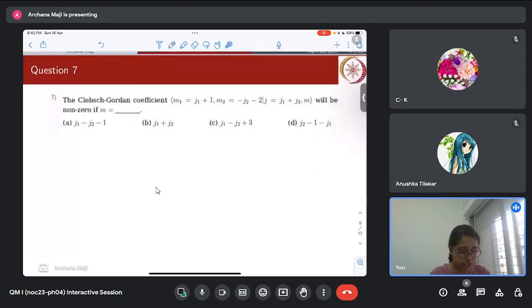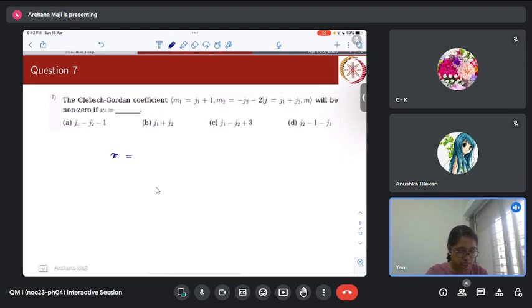The Clebsch-Gordan coefficient, this particular Clebsch-Gordan coefficient will be non-zero if m equals... can you tell me? What should be m so that this coefficient is non-zero? What is the condition?